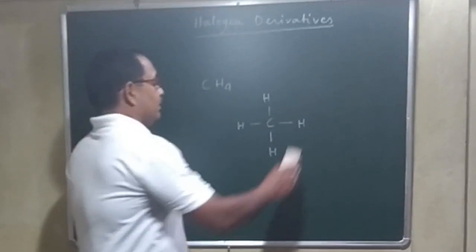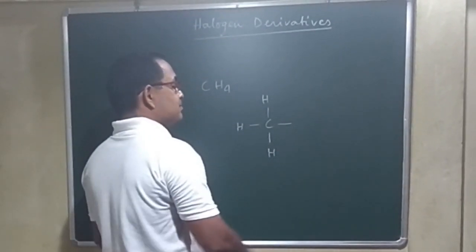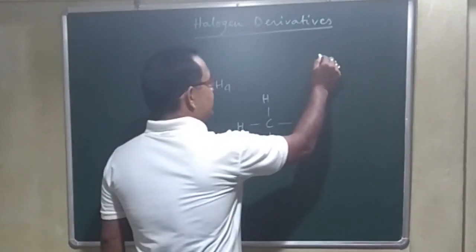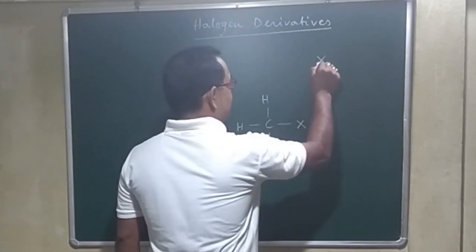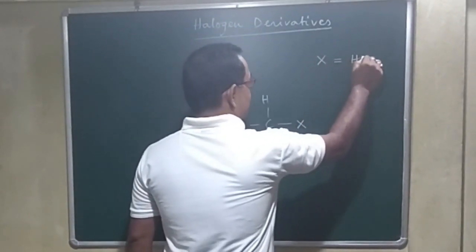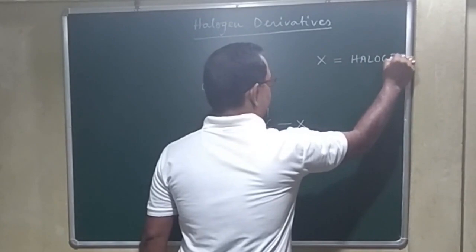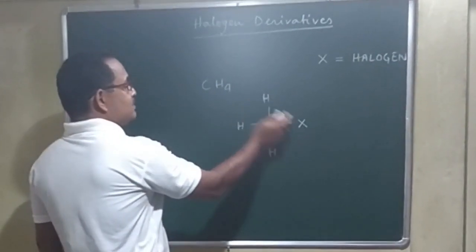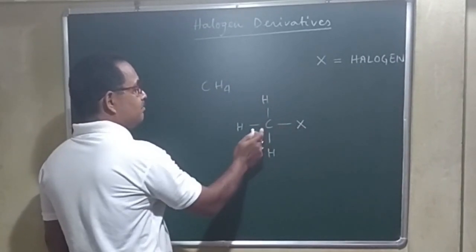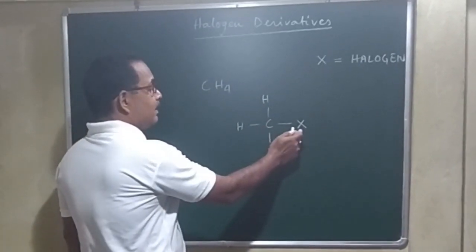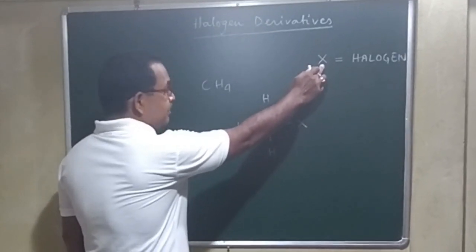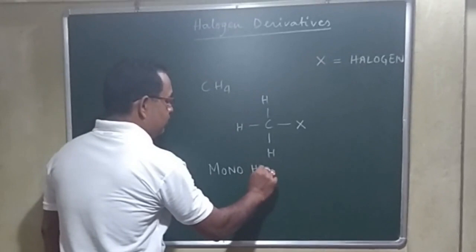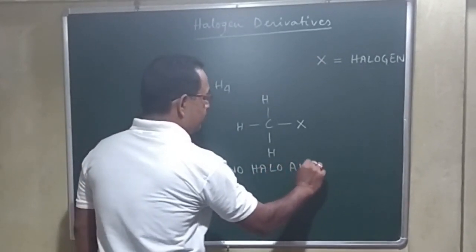Okay. Now, if we replace one hydrogen by halogen, for now we will represent halogen as X. What is X? This is a halogen. Now, in this case, one hydrogen of methane get replaced by halogen. So, this is called a mono haloalkane.